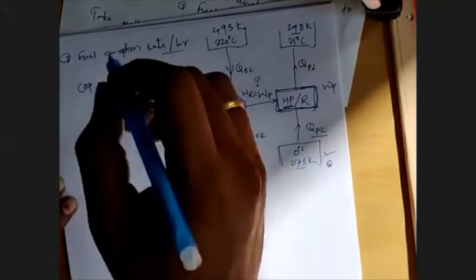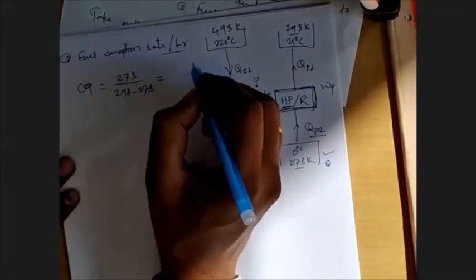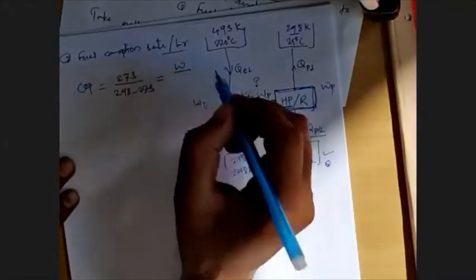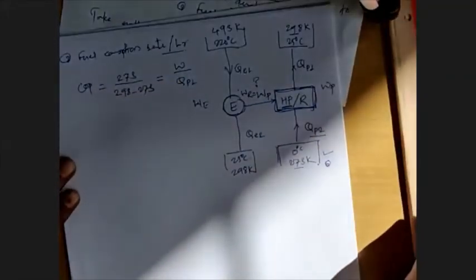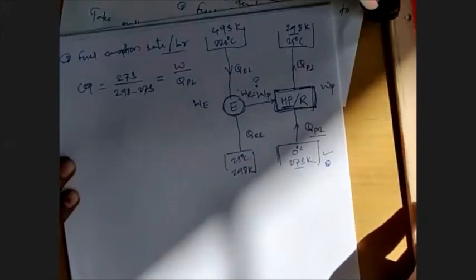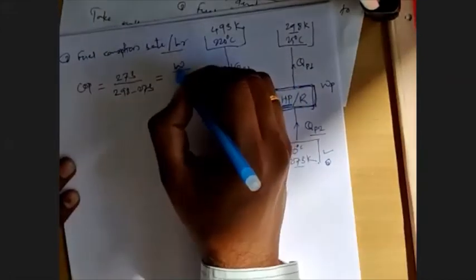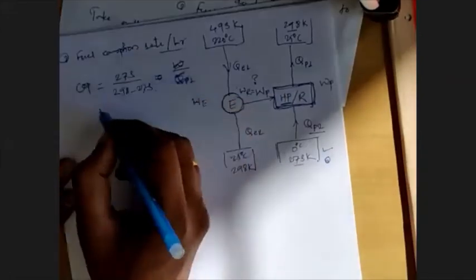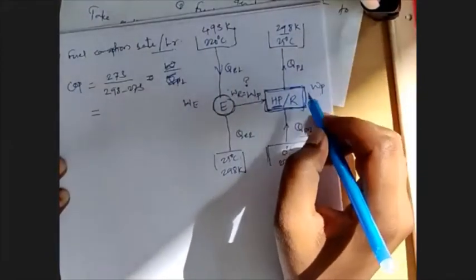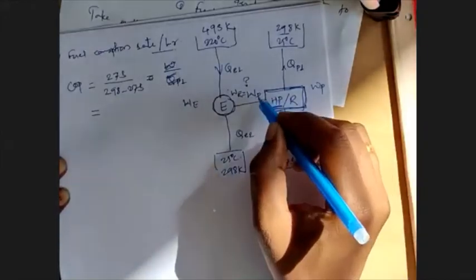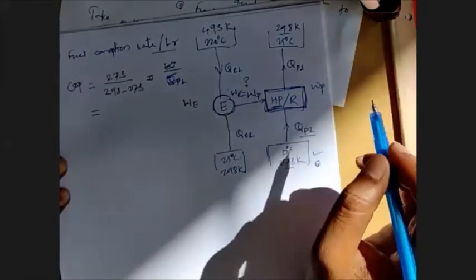Okay. And the same relation we can use, that is going to be W by... sorry, what did I do? No, we need not consider this one. This relation will be, if I use the alternative relation over here, W plus QP2 is equal to QP1.